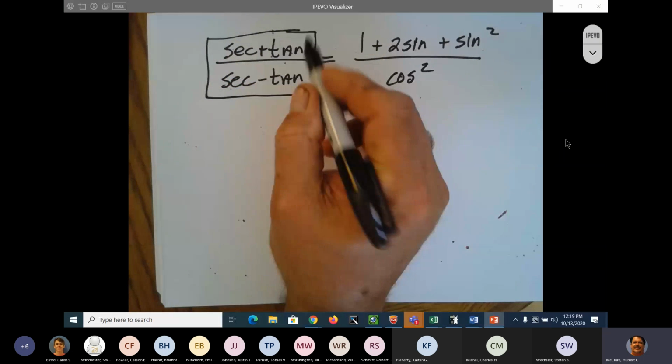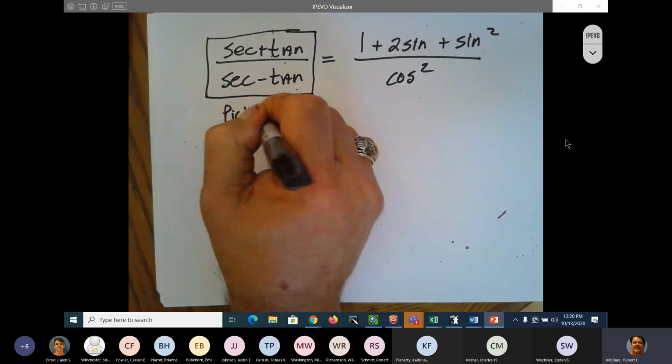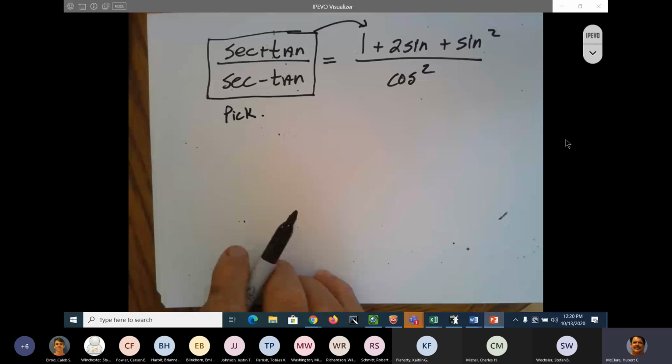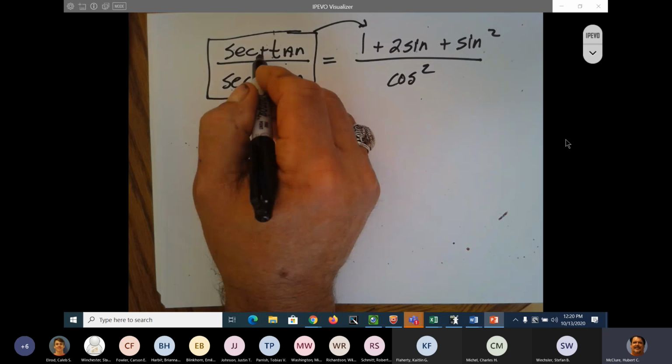They're picking this side, and they want to make it look like the right side. The first thing I would tell you to do on this problem is multiply by the cosine over the cosine.